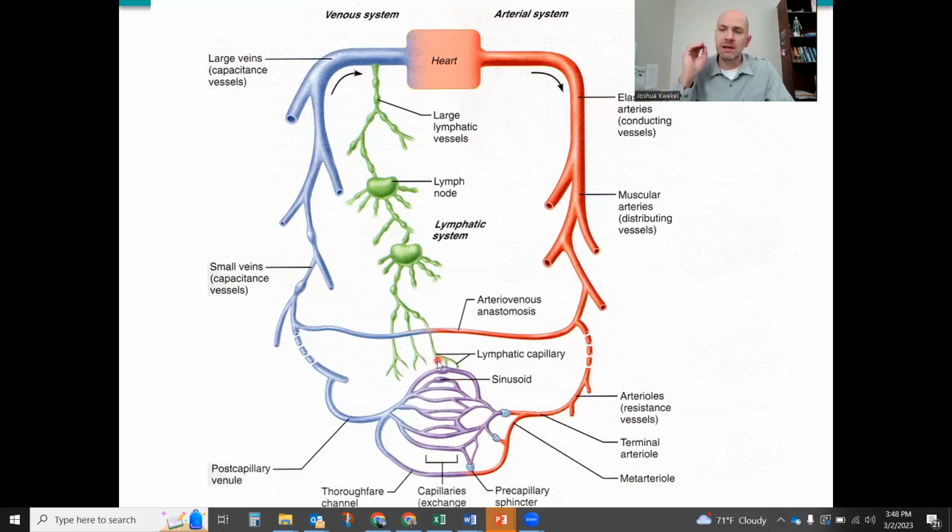It's a one directional set of vessels punctuated by lymph nodes. You can see here's a lymph node, here's a lymph node. There's actually many more lymph nodes, there's just 2 shown here in the diagram. But the lymph is just another set of vessels that brings fluid back. Where does it end up? Into the vena cava. The superior vena cava is where lymph ends up. So we start off as fluid in the capillaries, and we're going to end up with fluid in the venous system.